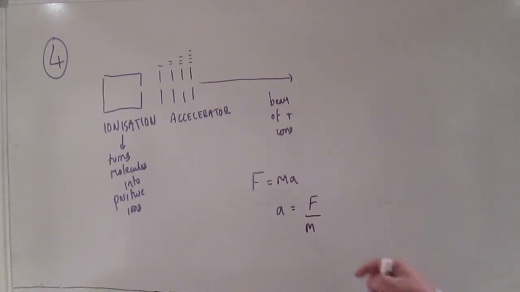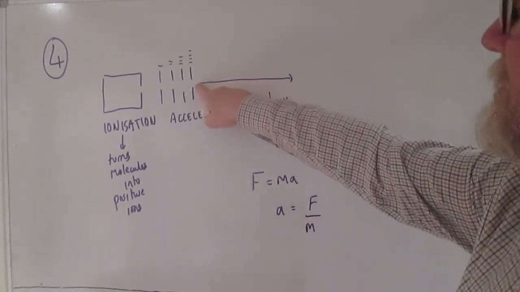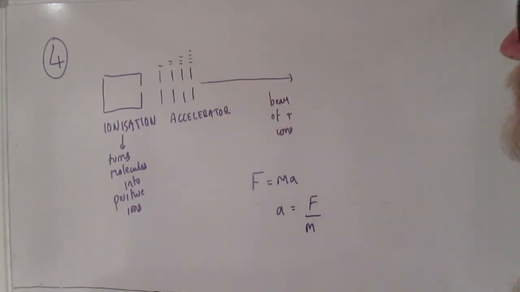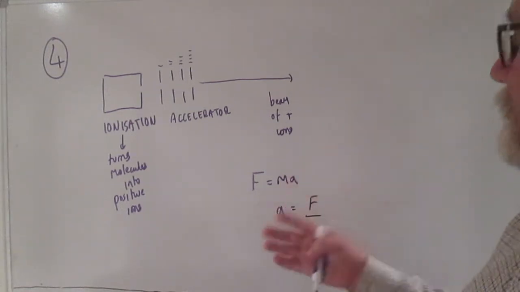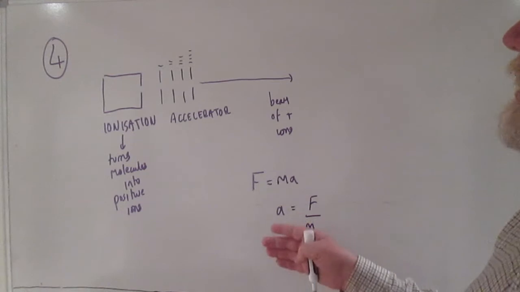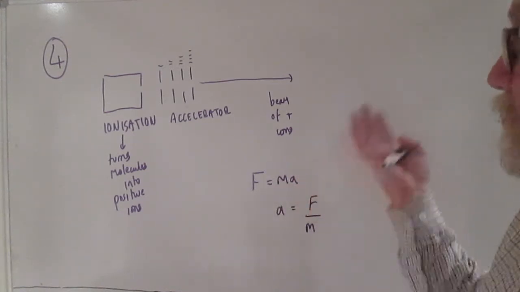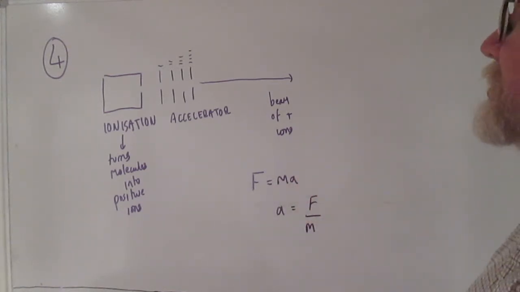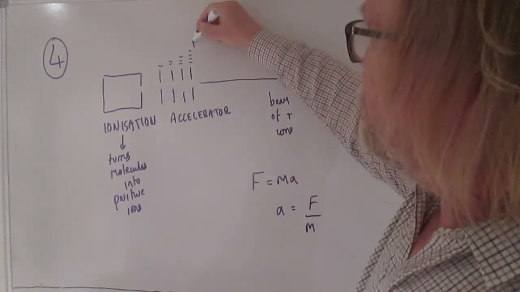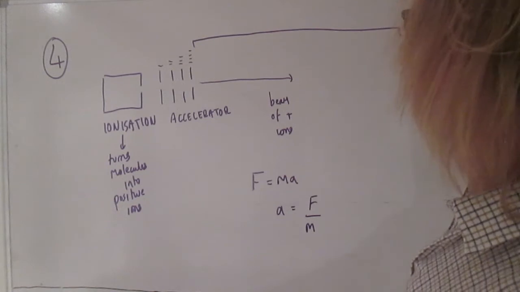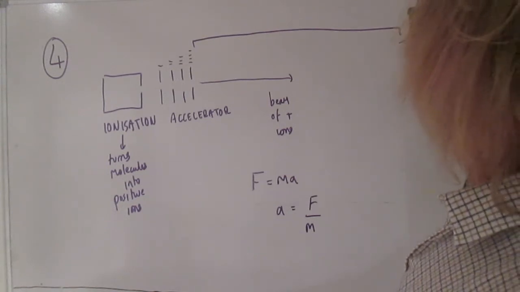And that's the key thing, because what it means is that these ions emerging from here will all be travelling at different speeds, and the ones with the smallest mass will be travelling fastest, and obviously the ones with the biggest mass will be travelling slowest. And what you measure is the time of flight between here and somewhere up here, where you have a detector.